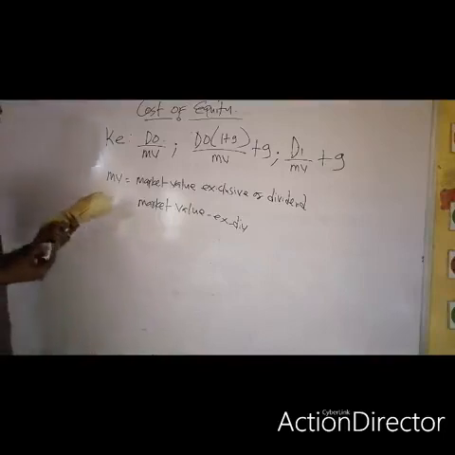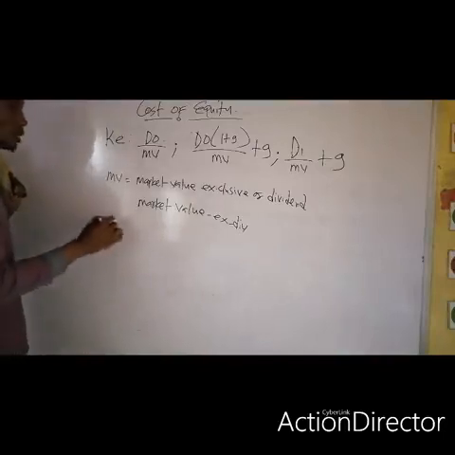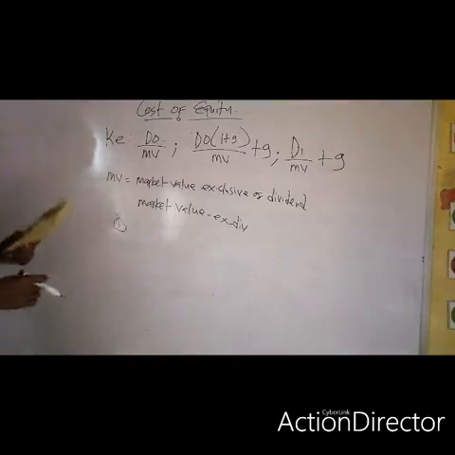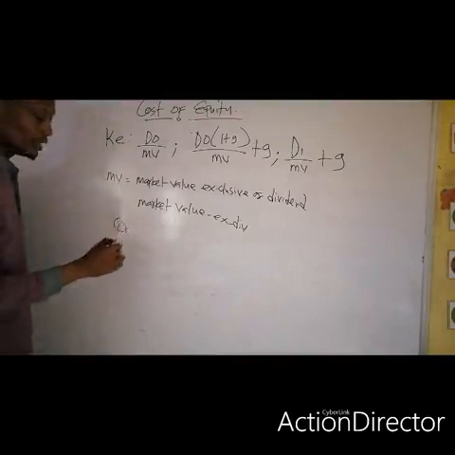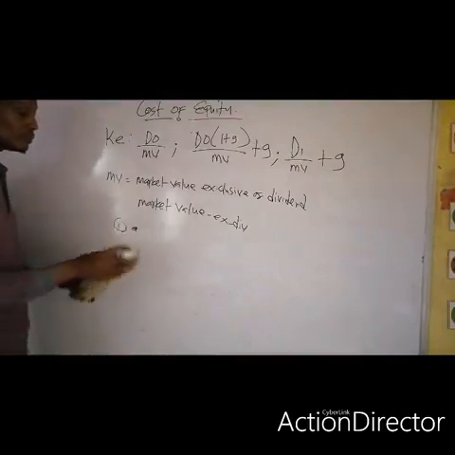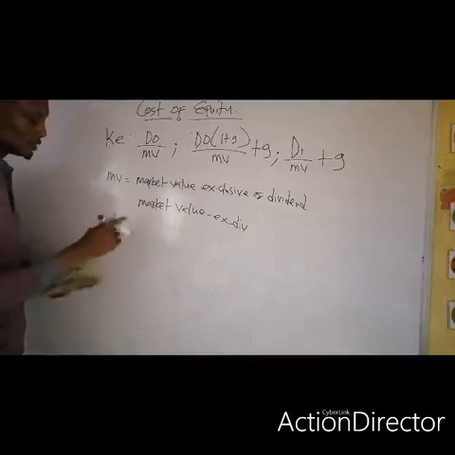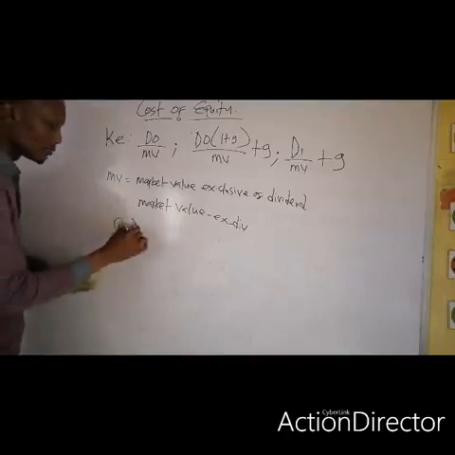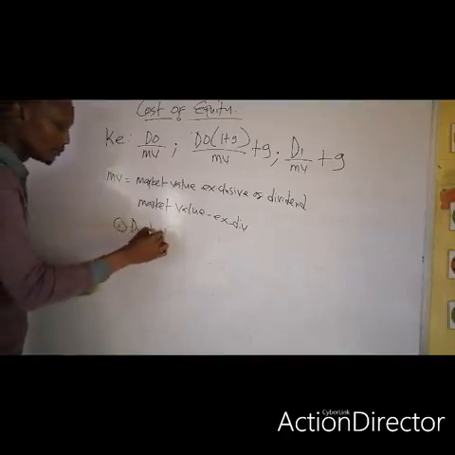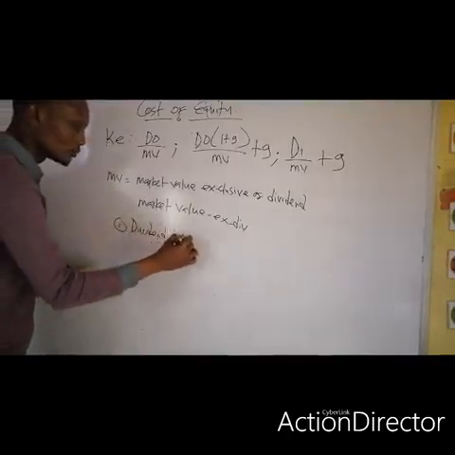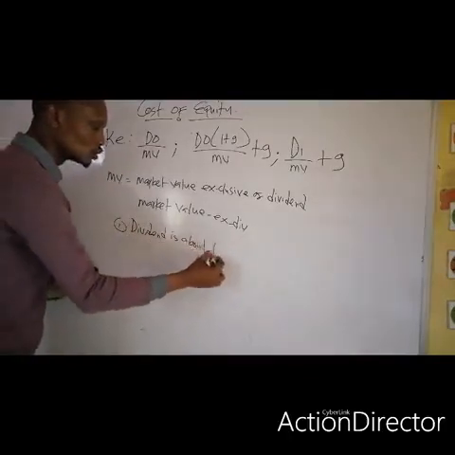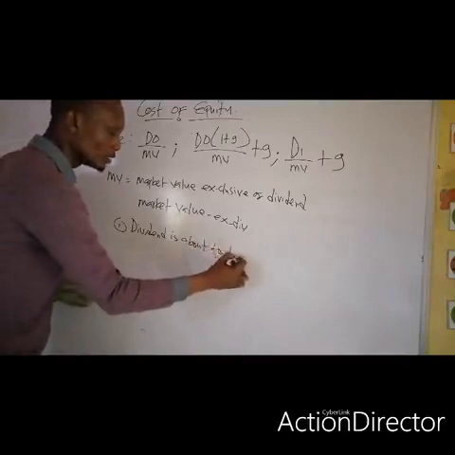The number one indicator is where the examiner says the dividend is about to be paid. Watch out for these words, about to. In other words, the dividend is about to be paid.